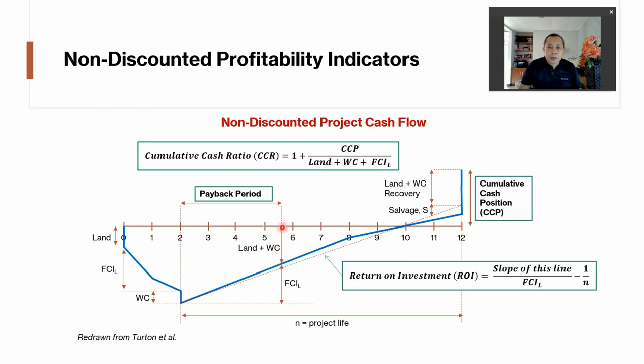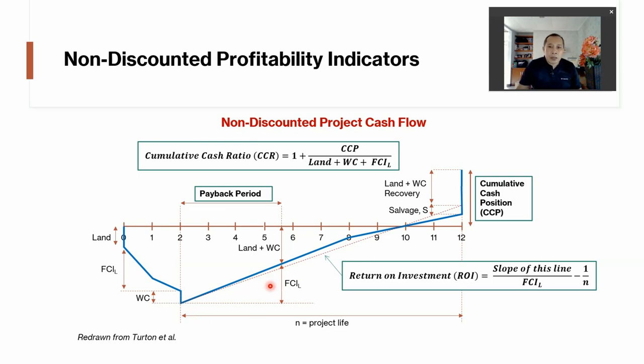The gap between the horizontal line and the curve is equivalent to land plus working capital, so this line segment is equivalent to FCI sub L. In other words, going from here to there, we have recovered FCIL. That's the definition of payback period, the time at which we recover FCIL.